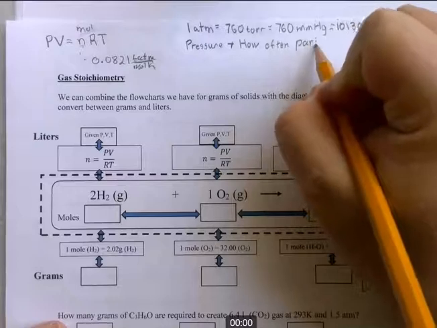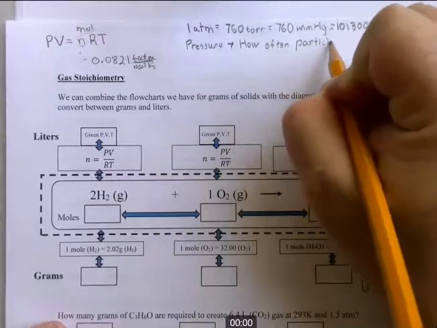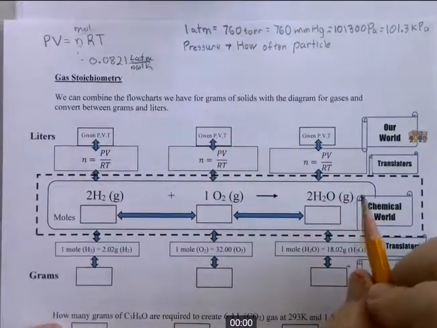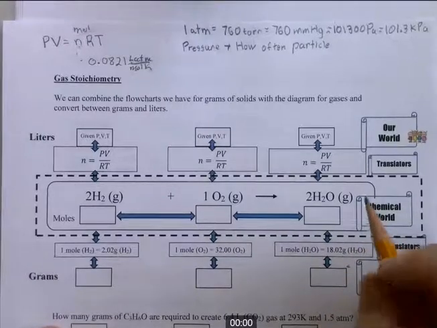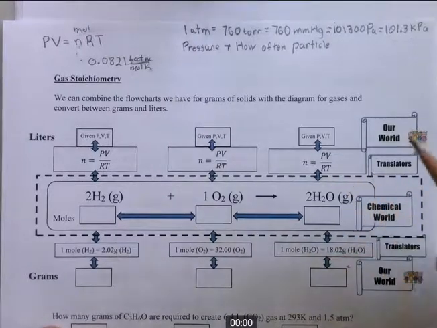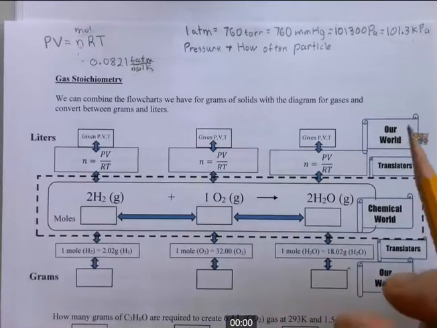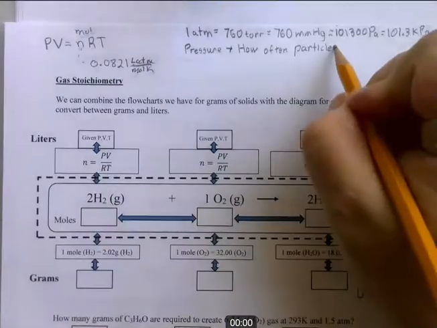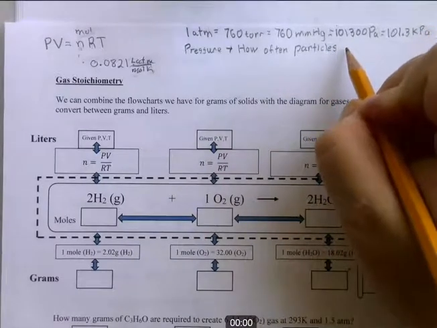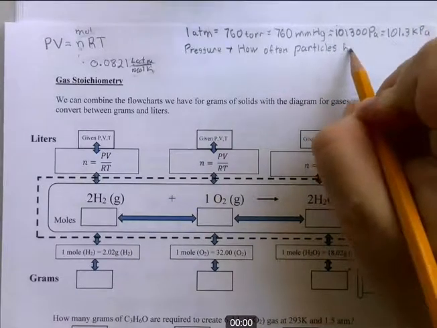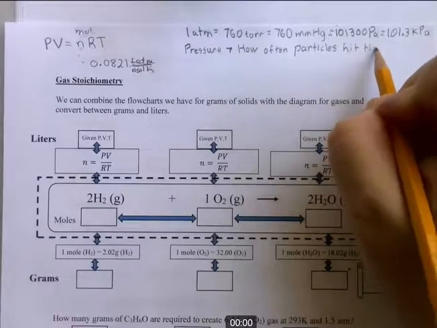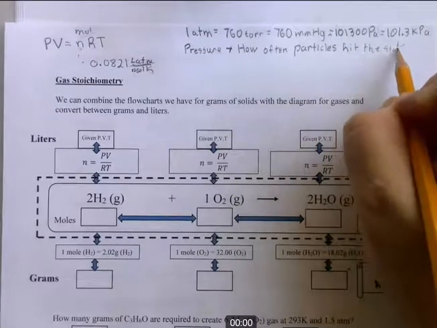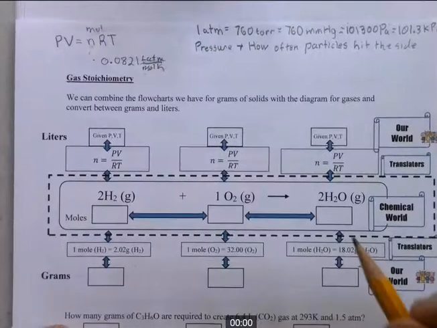In gases, we don't really care about protons, neutrons, and electrons. These are not reacting chemically. They're just acting like little balls flying around in space, because that's what a gas is. It's unattached atoms or molecules, not reacting chemically with anything else. So we just call them particles. How often particles hit the side of the container.